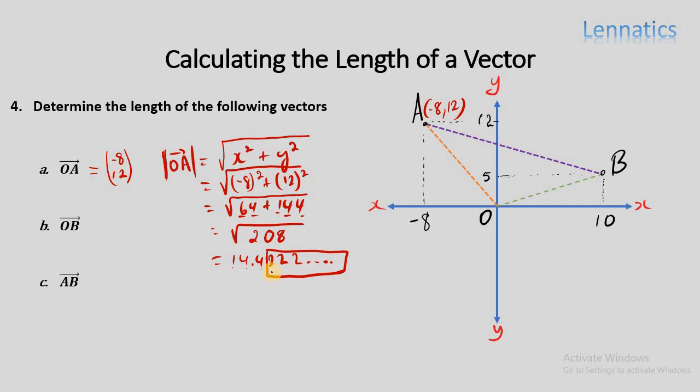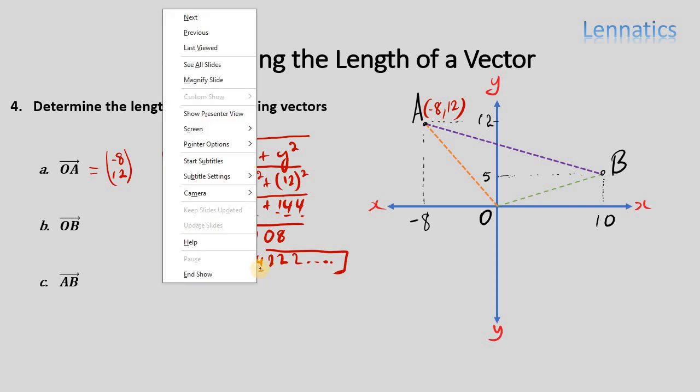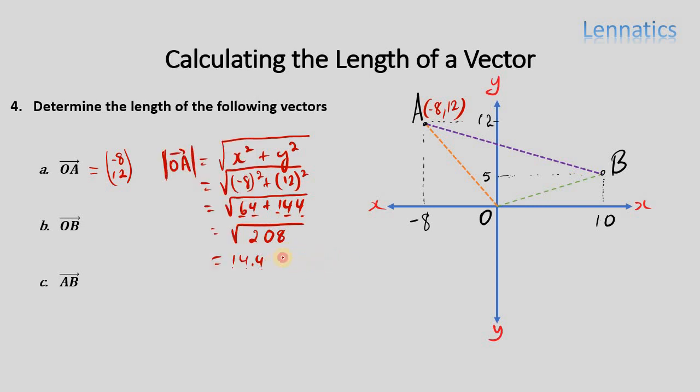And so we chop off the rest. Since the very first one of those that we're chopping off is less than 5, we keep this 4 as 4. So that's going to be our answer corrected to 3 significant figures. Okay, so we can write that as our answer, 14.4 units.